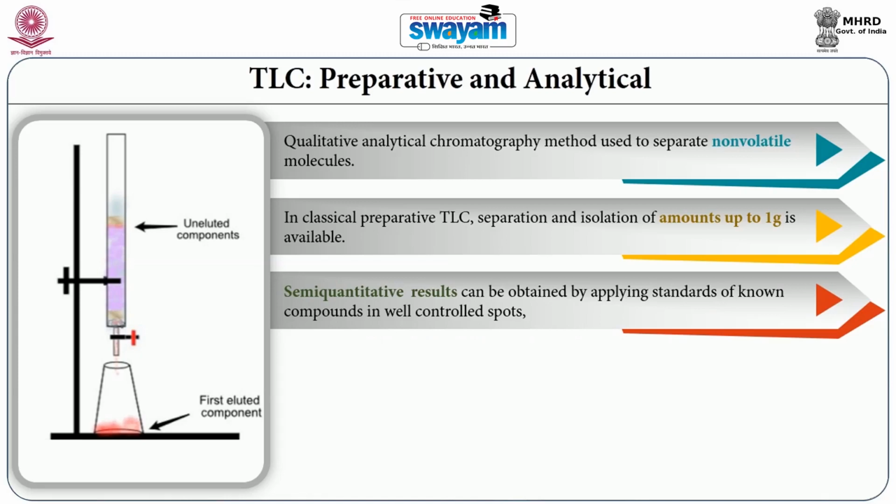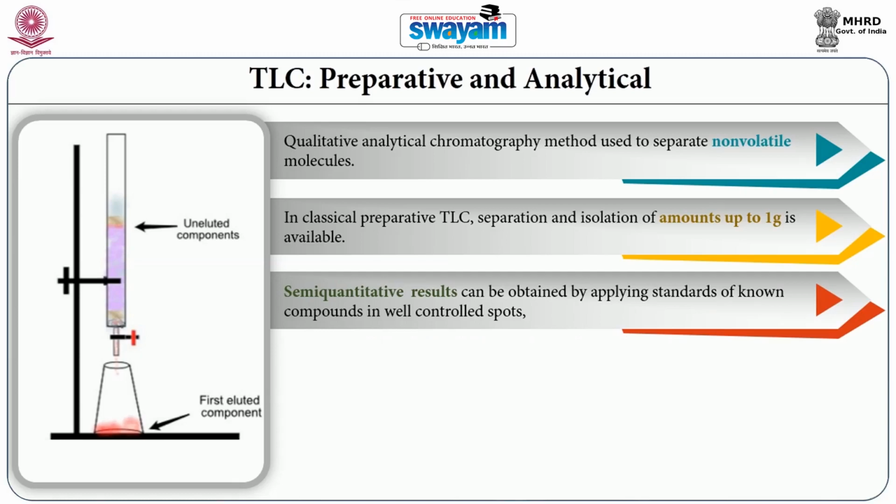If a standard of such a compound is applied in a well-controlled spot, meaning that the amount being applied onto the chromatographic plate is well controlled and accurate, then a fairly quantitative estimate can be obtained through automated methods.